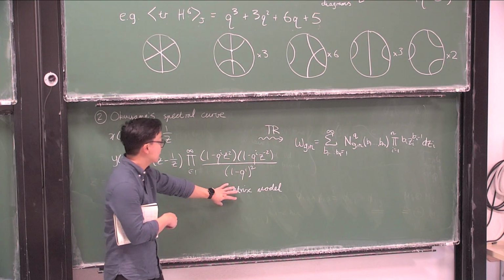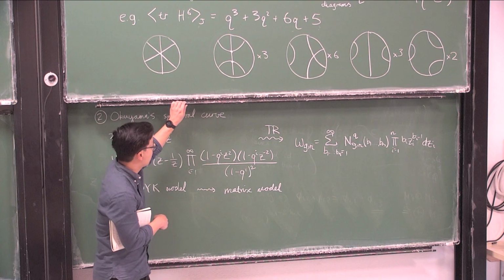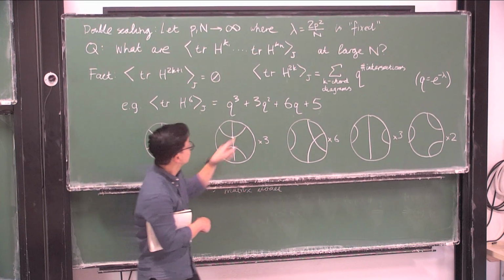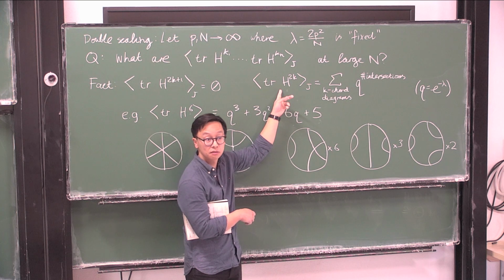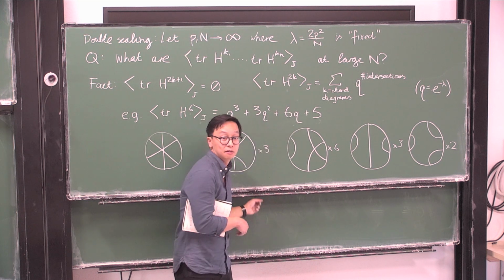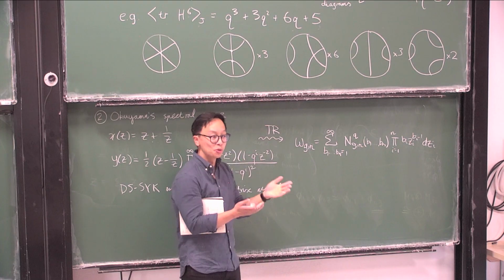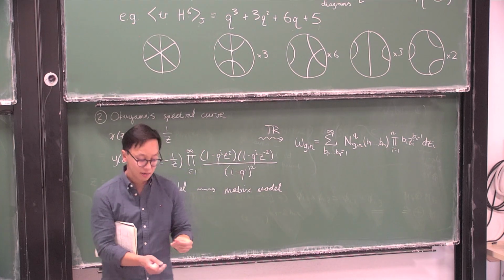And the way that you cook this up is really just to observe, can I write down some one Hermitian matrix model that reproduces these moments? So if you can do that, conjecture, this matrix model reproduces more than just these moments, okay?